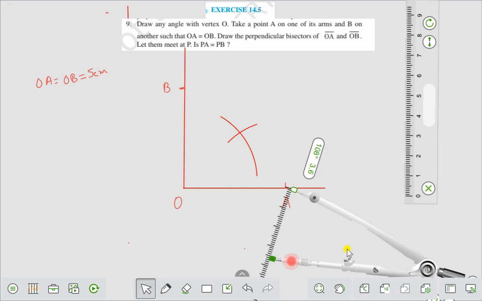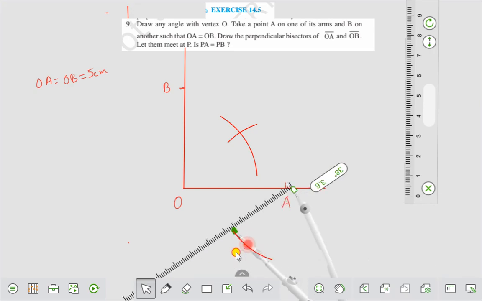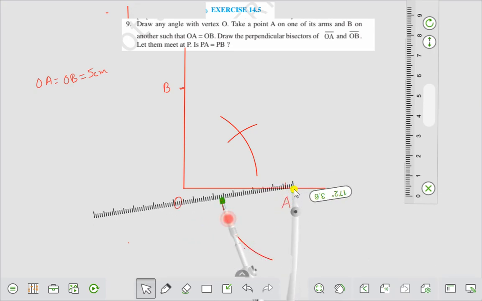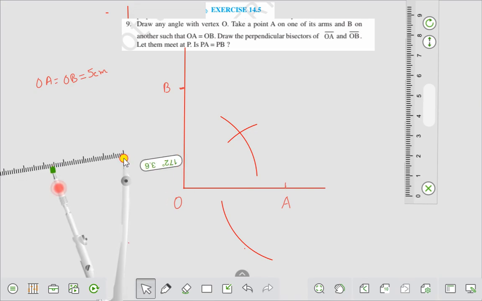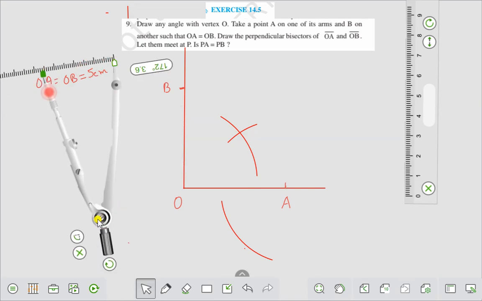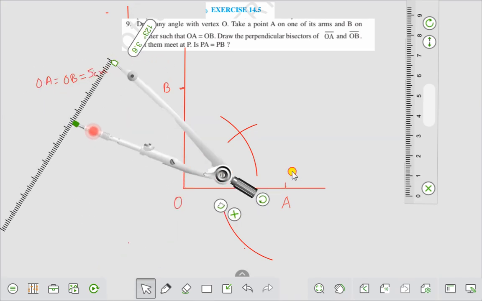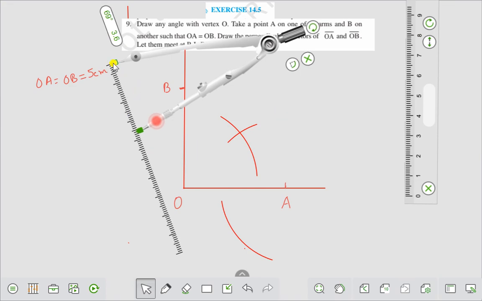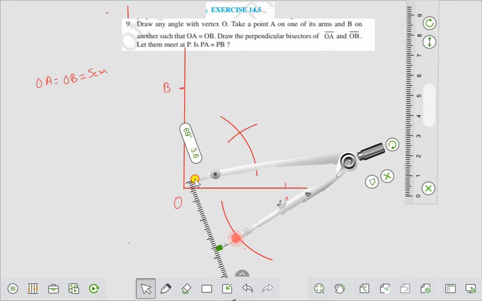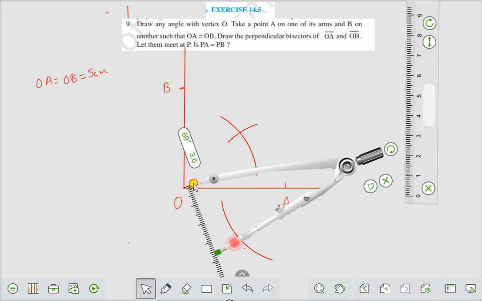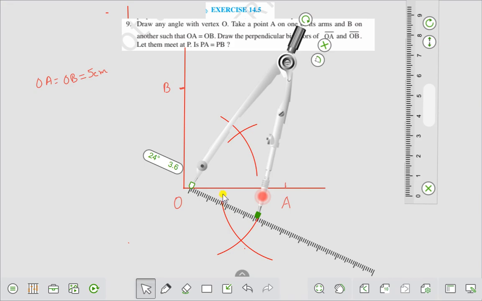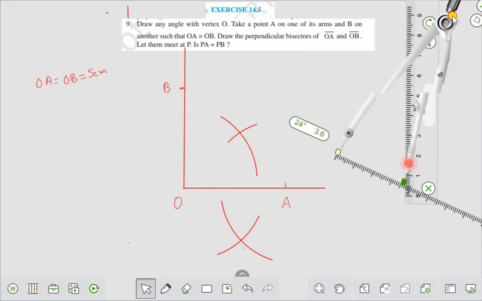Draw another curve, right? And take the pointer at point O and draw another curve, right? Now you will get the perpendicular bisector.